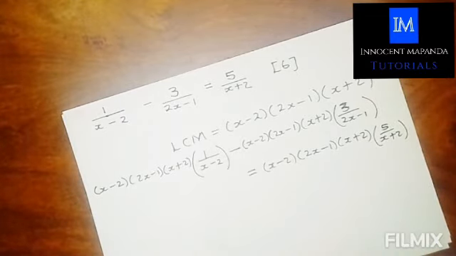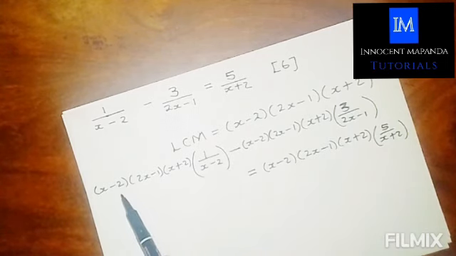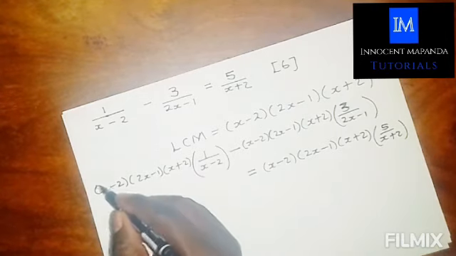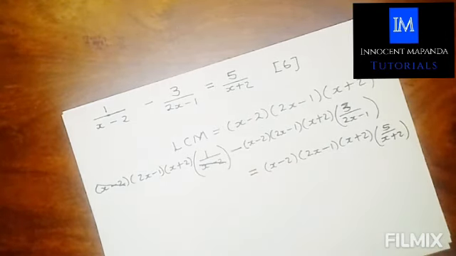So what is going to happen here is that the denominator is going to cancel with its common bracket. Take for example the first fraction on my left side. You can notice that our denominator is x minus 2, and the common bracket, which is part of the LCM, is x minus 2. It means that x minus 2 and x minus 2 are going to cancel out each other. I hope you are following, class.